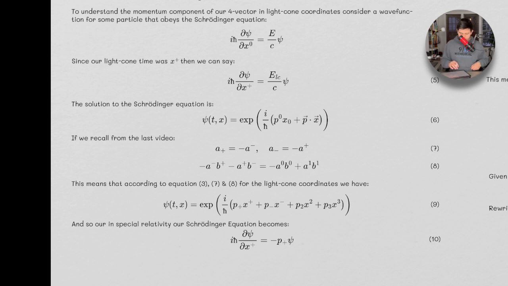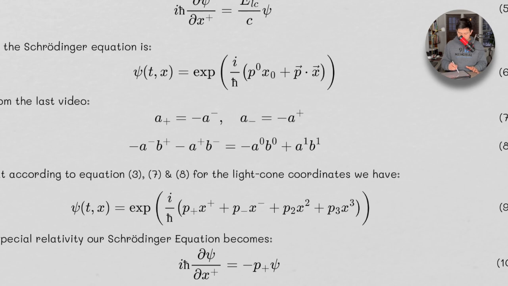All right. So if we recall from the last video, we had a lot of these new identifications for the light cone coordinates, where we had A plus equals A minus, the negative of A minus equals the negative of A plus. We also established this rule here, which was this guy right here.